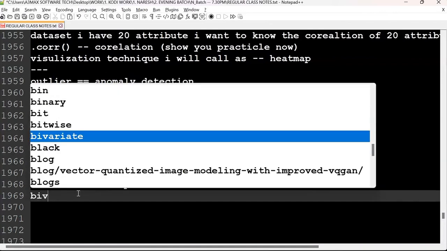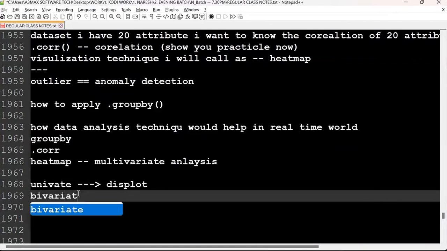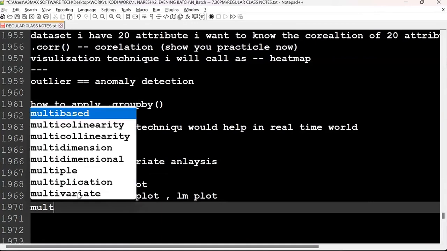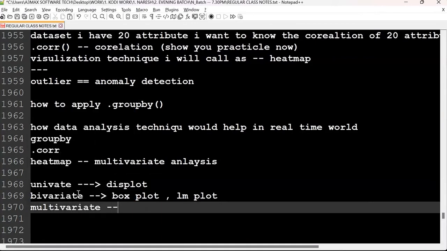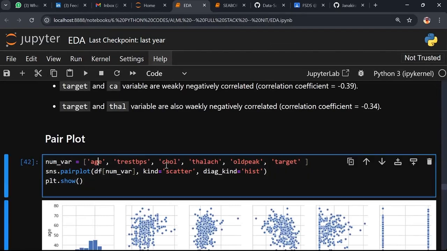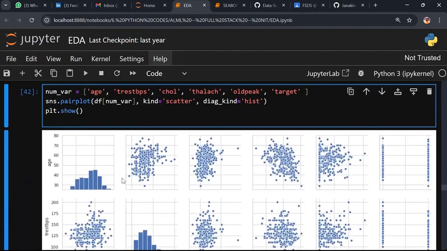And for bivariate analysis, we can use a box plot or an LM plot. And for multivariate, what do we do, guys? Heat map and pair plot. So do you see this, guys? This is the plot.